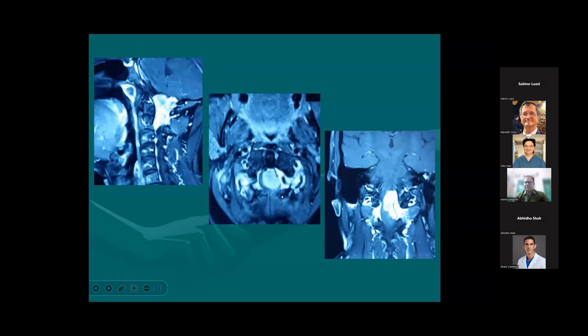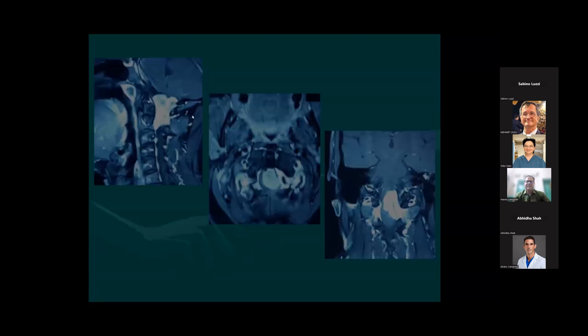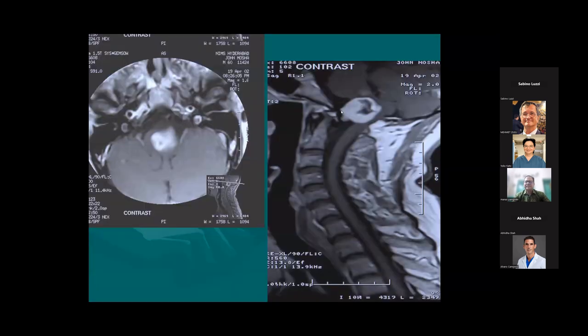Again, this can be done through a posterior approach. Again, in this case, though it is attached ventrally, the tumor is pointing in the cerebellomedullary fissure on the surface. One does a suboccipital craniotomy, one can see the tumor surface without any retraction of the brainstem, and these tumors can be done through the posterior approach.